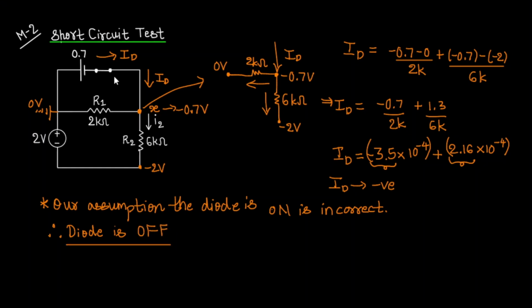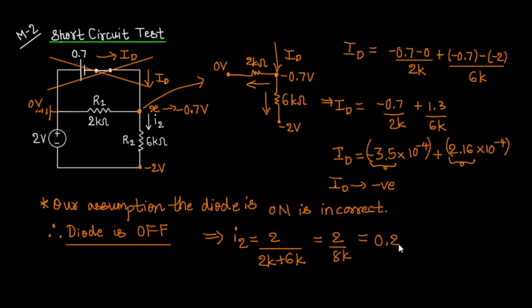Since the diode is off, this entire circuit can be considered as an open circuit, and this becomes exactly like the previous method. So the current flowing through the 6 kilo ohm resistor is I2 equal to the voltage divided by the series resistance of the resistors R1 and R2, which is 2K plus 6K, which is 2 by 8K.